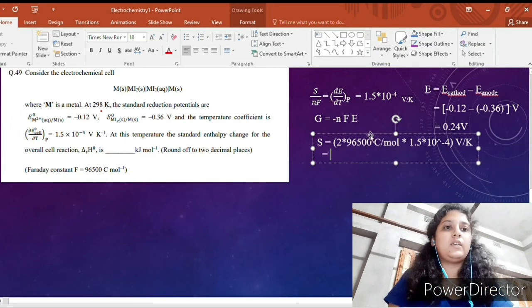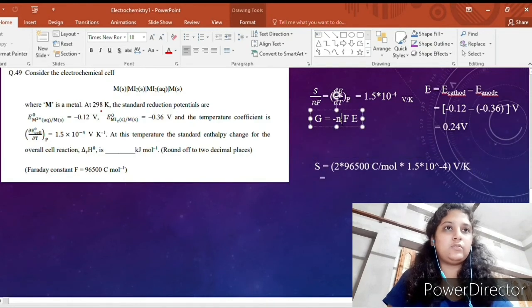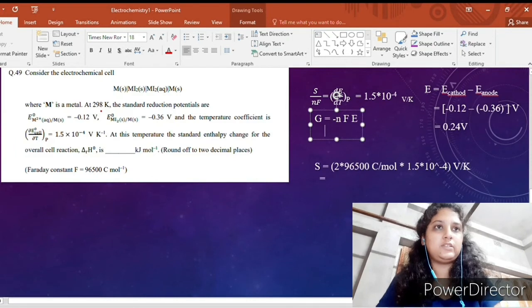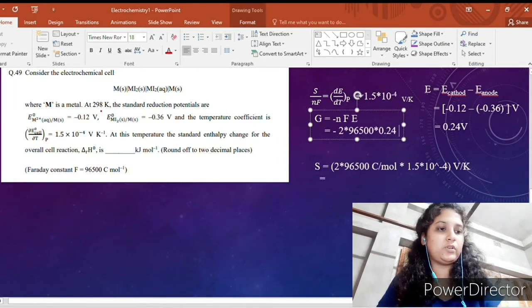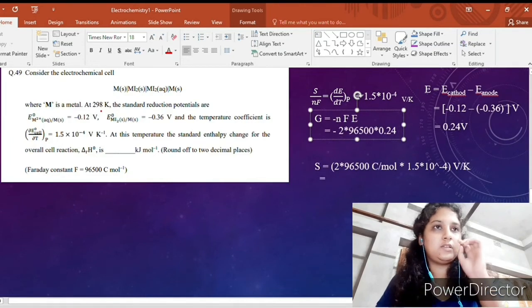Before that we have to calculate the value of G by using the value of E. This is equal to minus 2 into 96500 into the E value, 0.24.